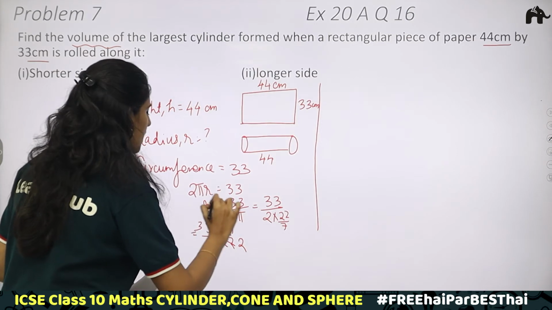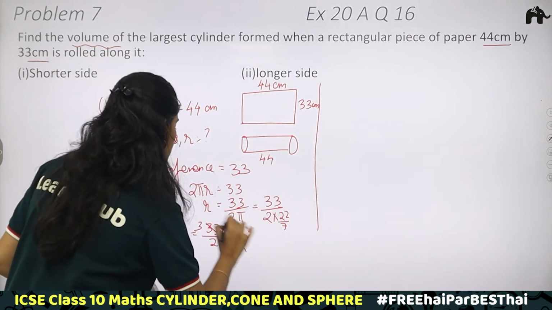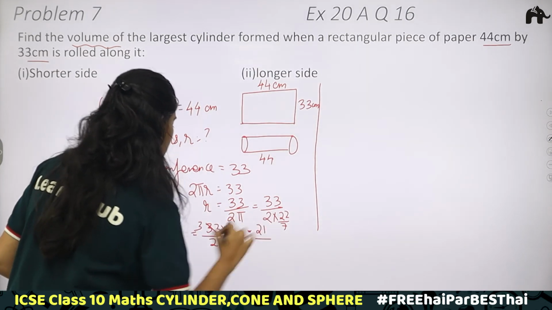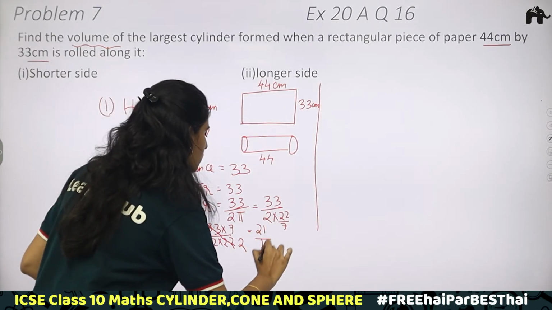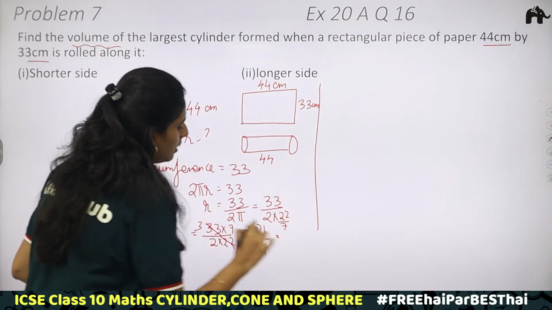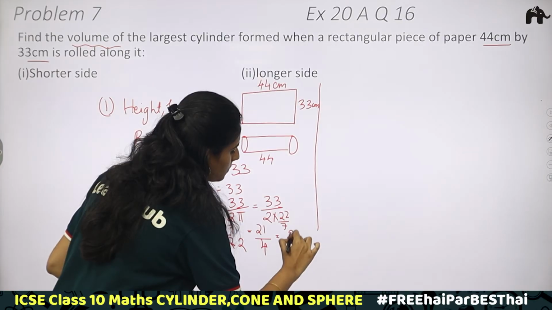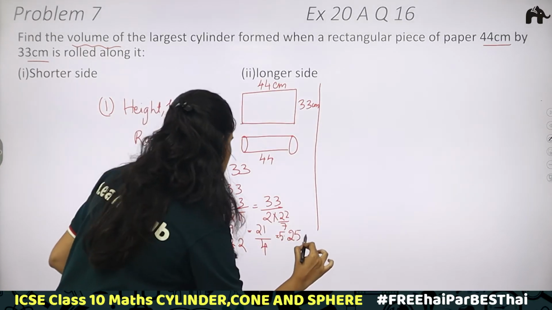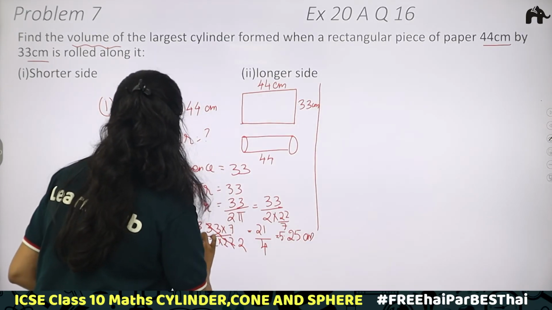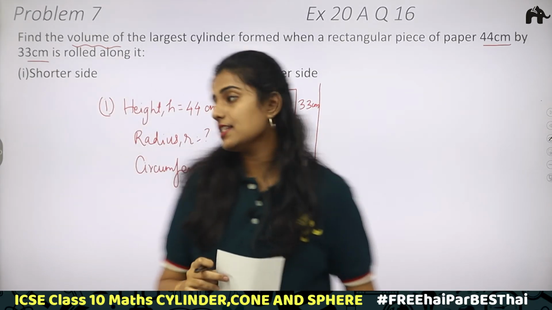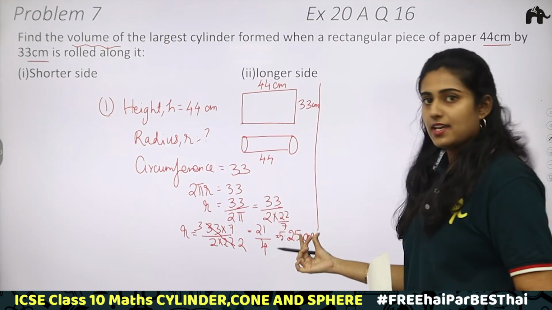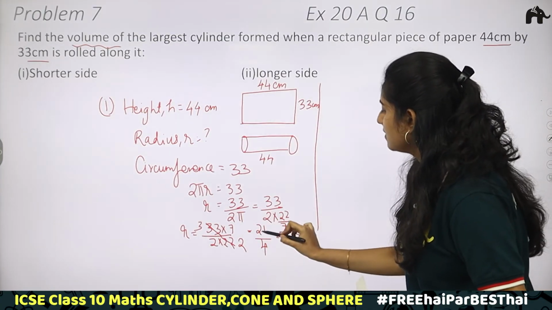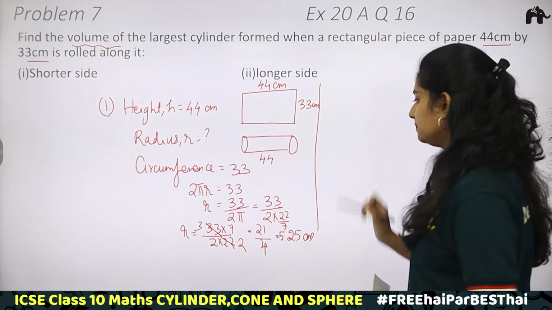Okay. 3 into 7, 21, divided by 2 into 2, 4. So, you will be getting 21 divided by 4, which is equal to 5.25 centimeter. So, the required radius is 5.25 centimeter, or you can keep the fraction like this, that is 21 divided by 4.